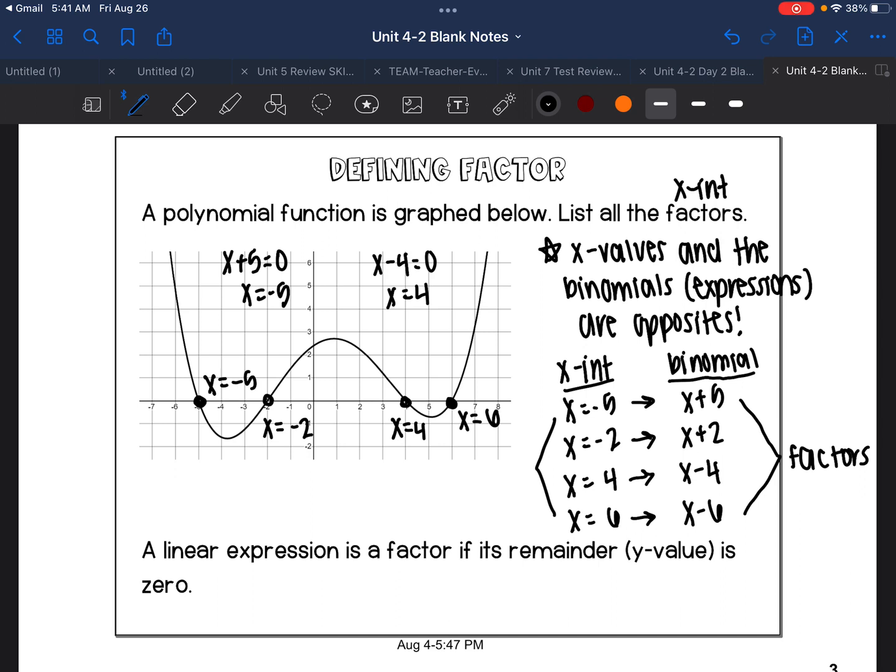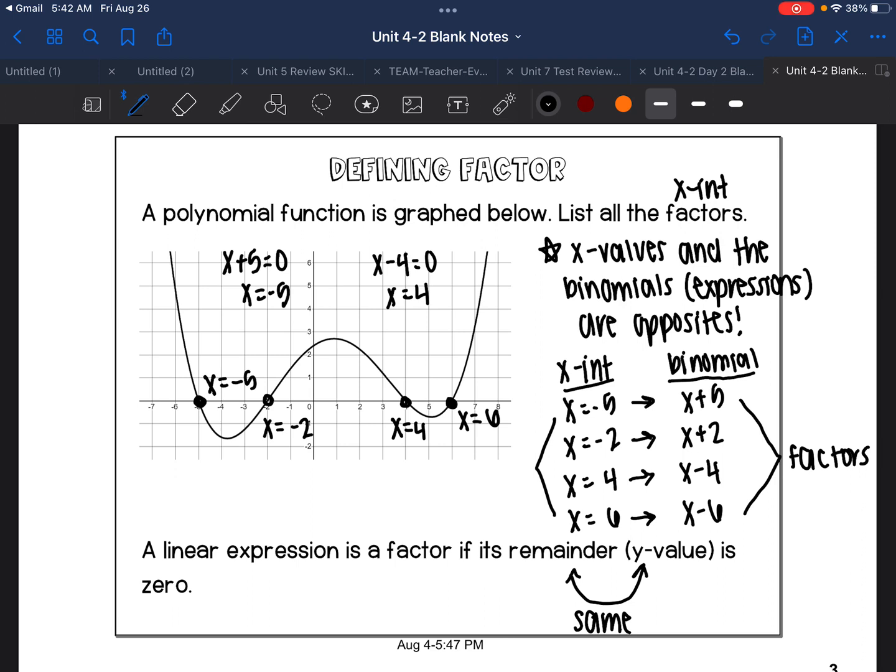and that's why they're going to be the opposite, okay? Now, it says at the bottom, a linear expression is a factor if its remainder, or the y value, is 0. I want you to make a note that the remainder and the y value are the same, okay? We're going to use those interchangeably. That's going to be a tool and a fact that we're going to come back to a couple times over the next 4 examples. But a linear expression is a factor if its remainder or the y value is 0.